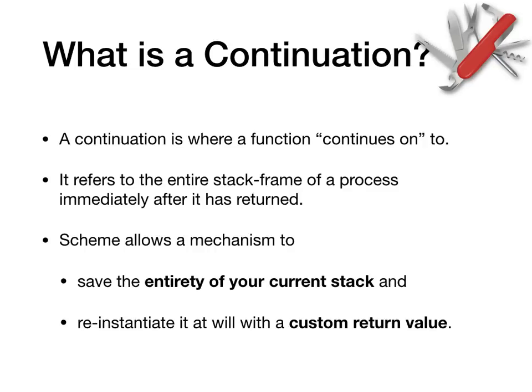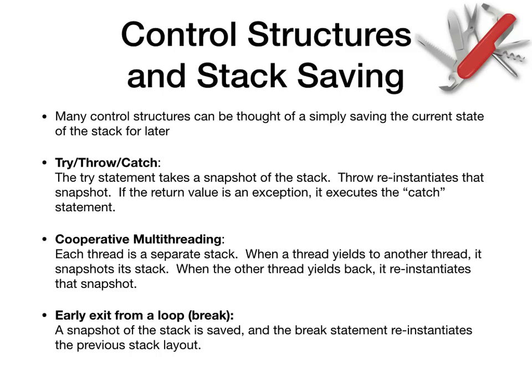This saving of both your code location and your stack frames allows you to implement a lot of interesting control structures. So let's think about a few of these. First of all, you have try, throw, catch. Well, what happens when you throw? You have a try block, and your try block basically saves your stack.